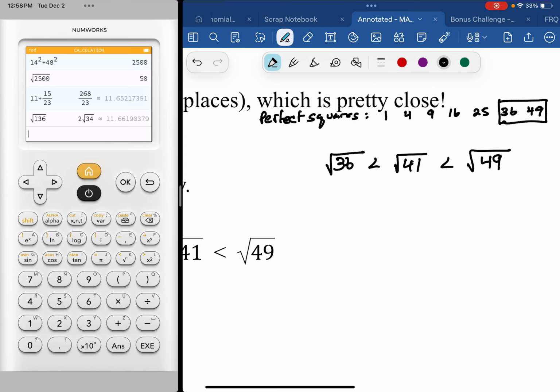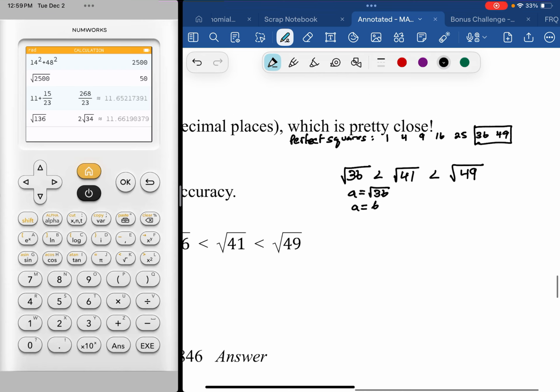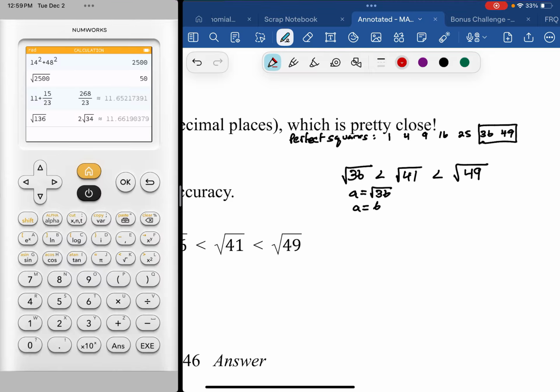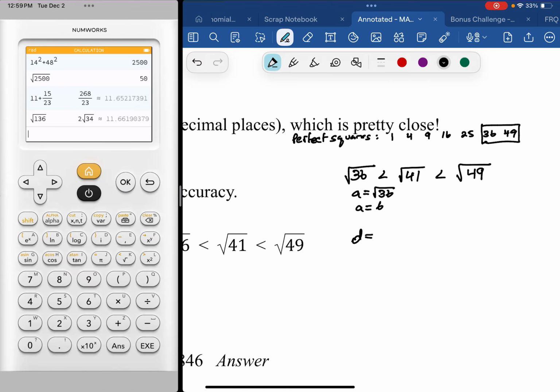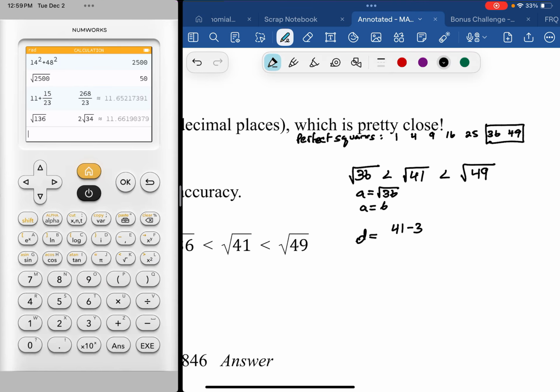So my A value is the square root of 36, so my A is 6. My B value would be the square root of 49, which would be 7, but we don't really need that, because to find my D, the ratio of displacement, if you will, that's going to be equal to 41 minus 36 over 49 minus 36.